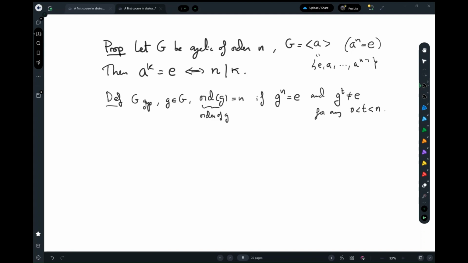So g to the n is the first time that a power of g hits e. So what this says is that if a to the k is e, this is if and only if the order of a divides k. So if and only if k is a multiple of the order.